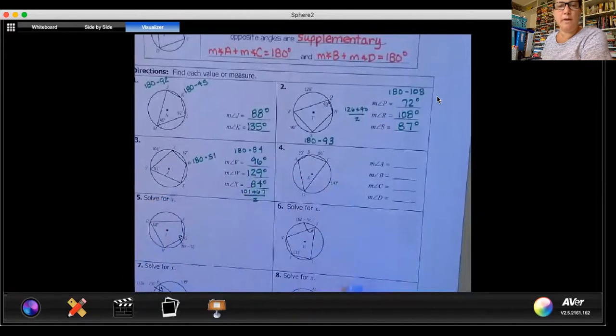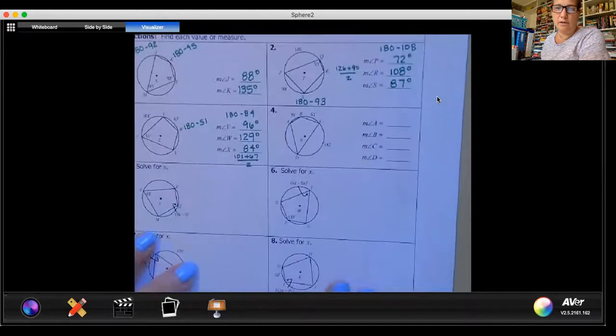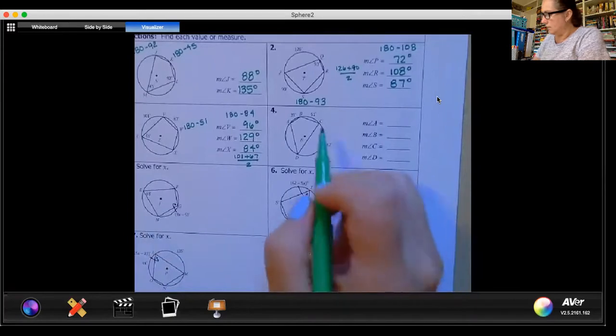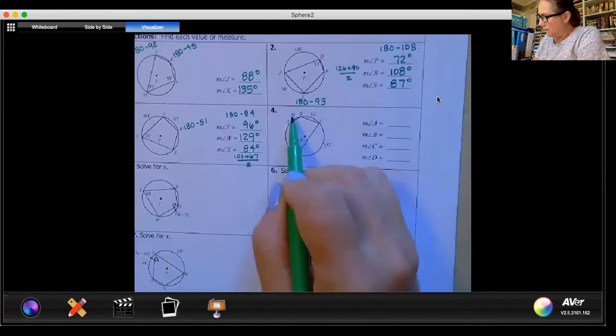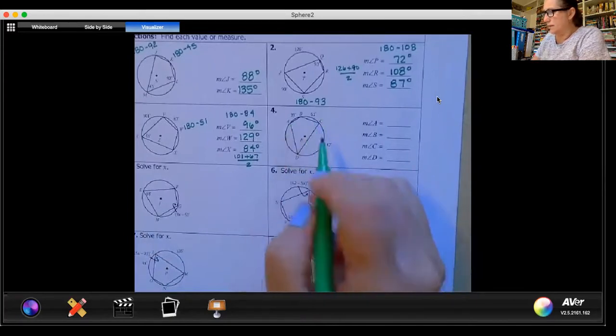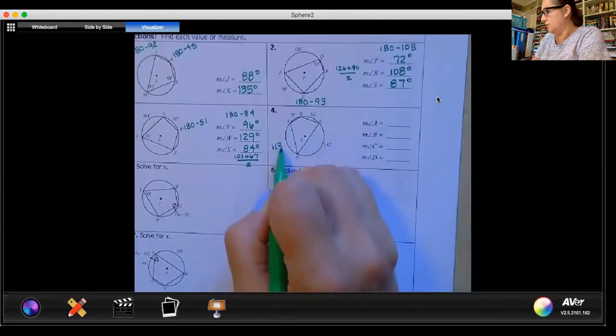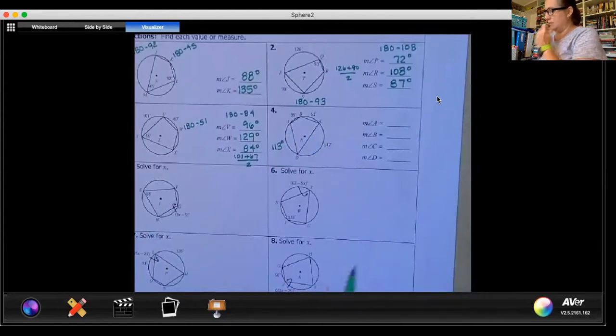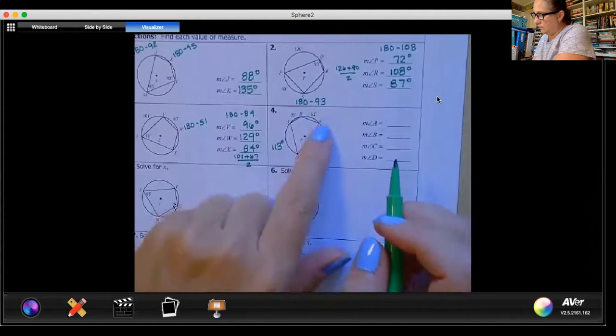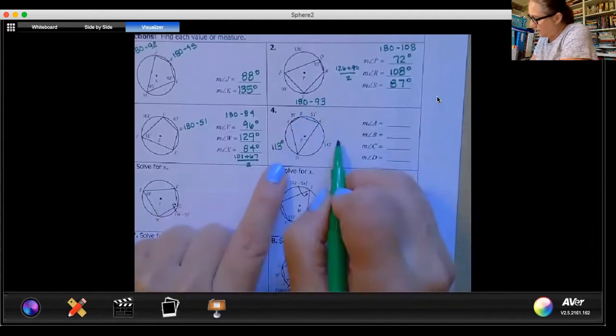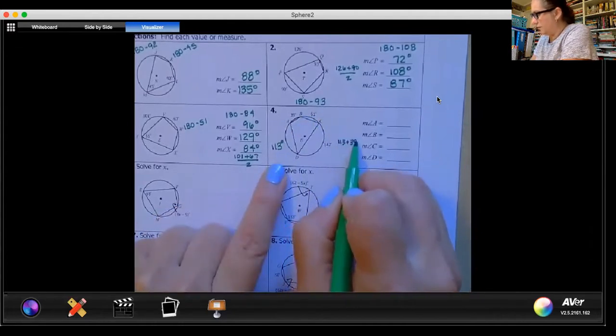So you kind of pick where you start here, and then you just start making them supplementary. So looking at problem number 4, I believe C is where I started with this one. Yes, because I added them all up and subtracted from 360 and I got 113 degrees. So for C, it would be 113 plus 39 divided by 2.